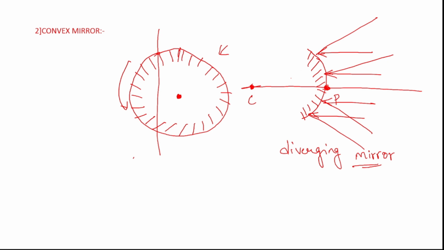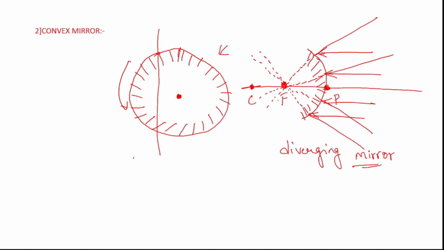If we extend the lines from these reflected rays, then all the reflected rays will meet at one point. All the extended lines drawn from these reflected rays will meet at one point. So this point at which all the reflected rays are meeting is called as focus in case of convex mirror.